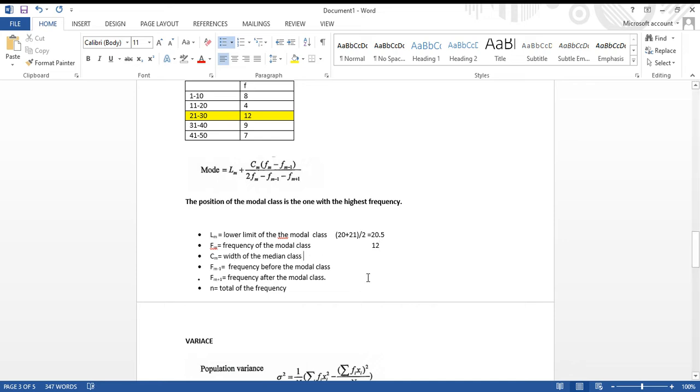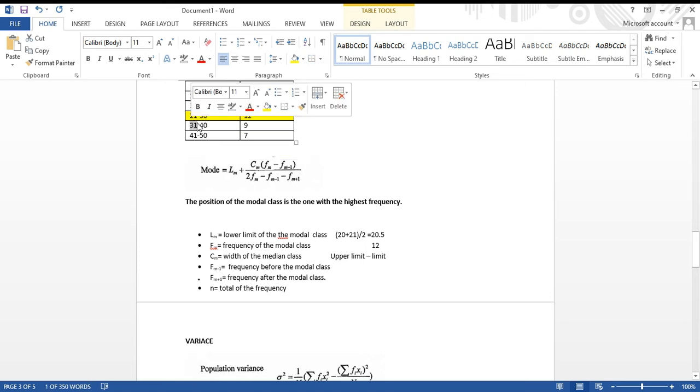What is the width of the modal class? We've got our lower limit, now the upper limit. If you remember, when we were calculating the median, we found our upper limit. We get it by adding this 30 and this 31.